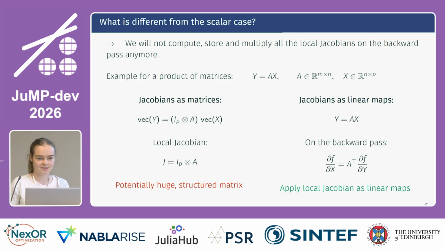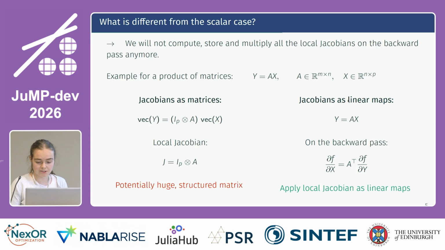A simple example to understand why is to consider the product of matrices. If somewhere in your function you have y equal to Ax, and you want to see Jacobians as matrices, you will realize that the local Jacobian of your operation is this matrix J, which is potentially huge, but also very structured. So it makes no sense to store all of this.